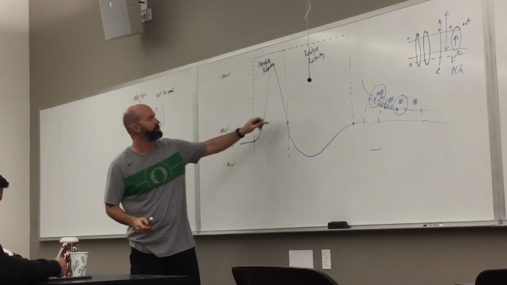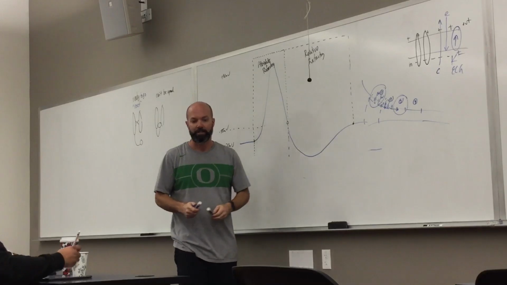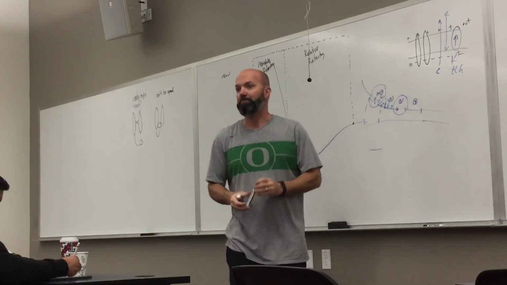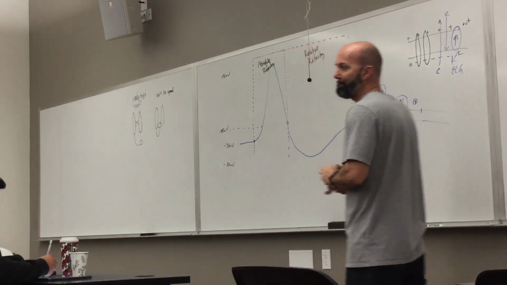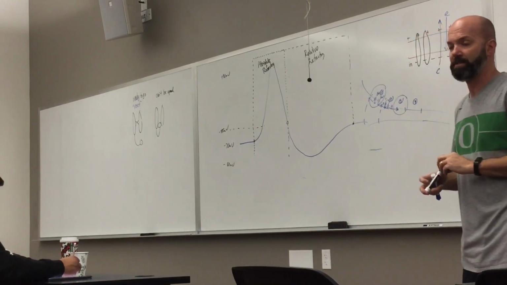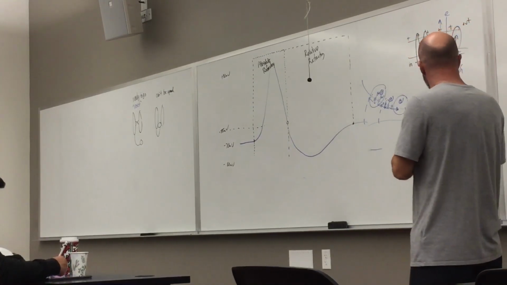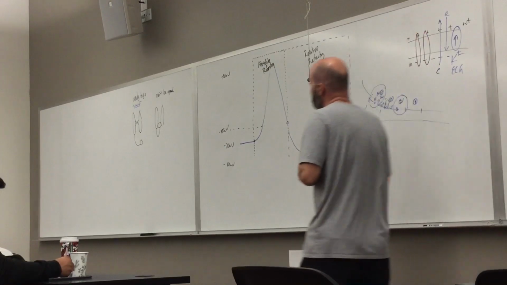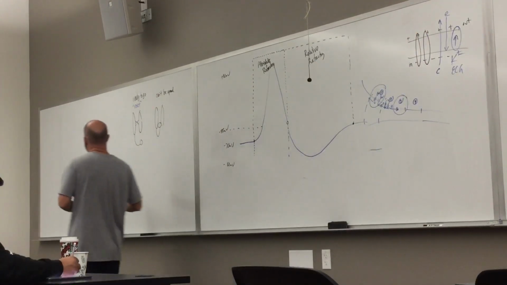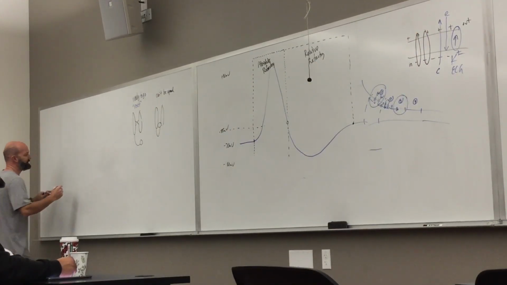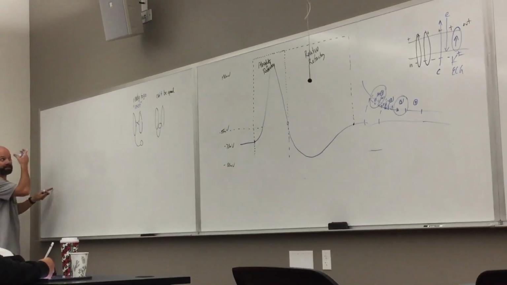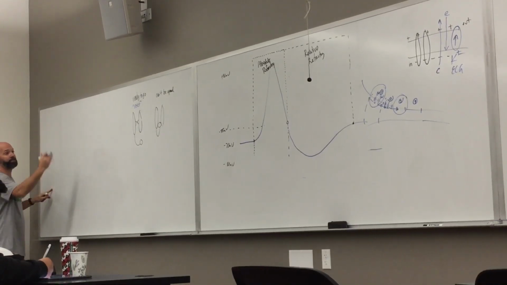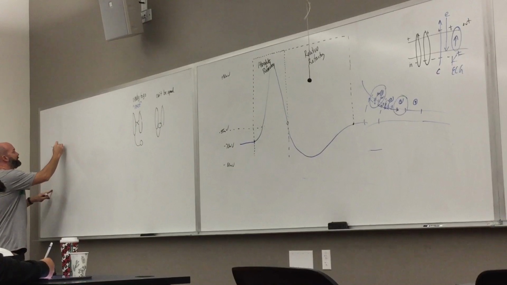So once you transition into relative refractory, you can generate an AP now, but what does it require? A supra-threshold stimulus. So we have a graph that shows the changes that are occurring to the sodium channels and the potassium channels and the size of the stimulus required to generate the next action potential.